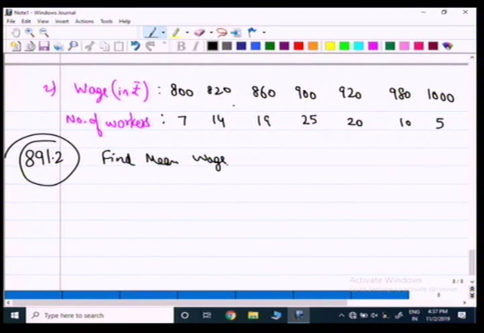So Itanagar, what have you taken as your assumed mean? And Tamenglong, what have you taken as your assumed mean?